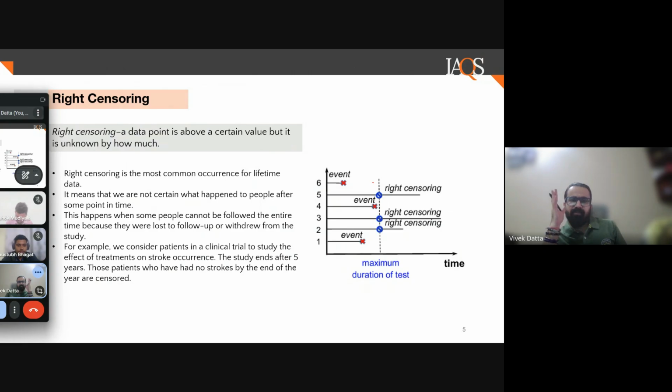Because time is on the right side, future is always to your right. Yes, from a timeline perspective, it is called right censoring. And as you can see here in the diagram, when the event has happened, it is marked as event, not as censoring.